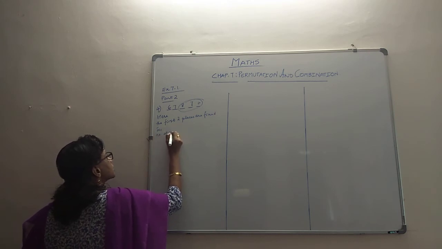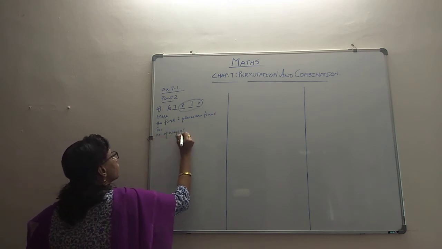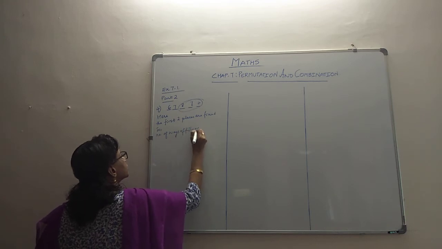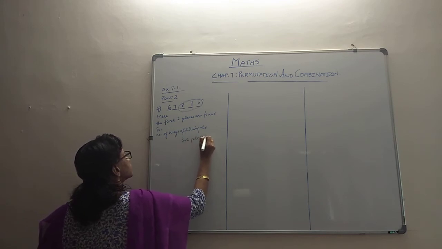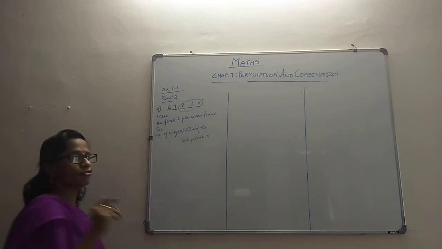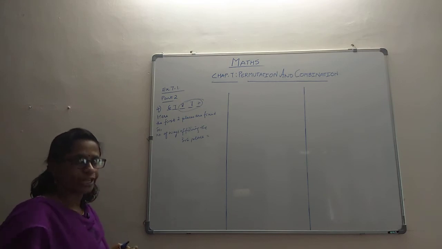Number of ways of filling the third place: out of 10, 2 choices are already gone, so 8.